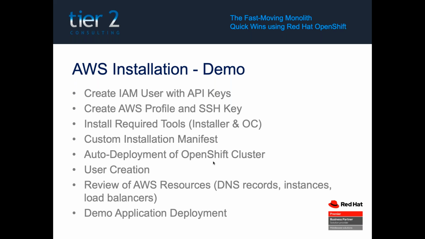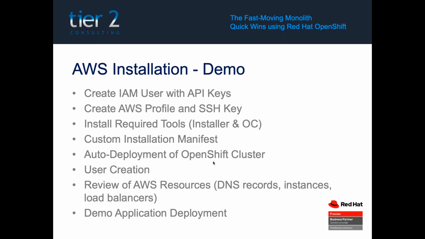We're also going to create an AWS profile, which just makes things a little bit easier for us so that we don't have to constantly retype the credentials or cut and paste the credentials for Amazon. And we're also going to create an SSH key, which will allow us to log in to our nodes once they're provisioned. This is all really just getting our credentials, getting our accounts set up on our local machines so that we don't have to constantly rekey security information.